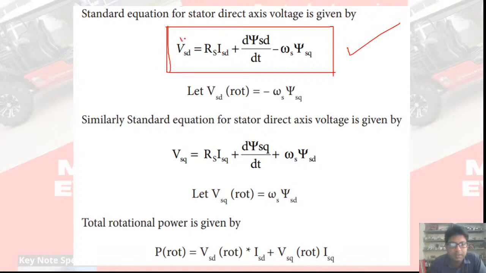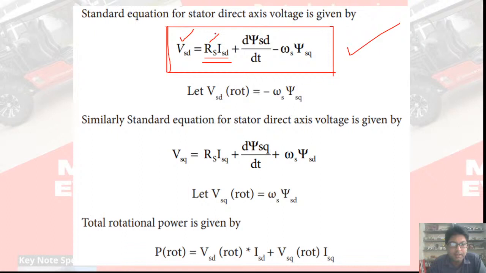So this is the stator direct axis voltage. If you apply Kirchhoff's voltage law, this is the drop across the resistance, with the current flowing through the circuit being ISD.